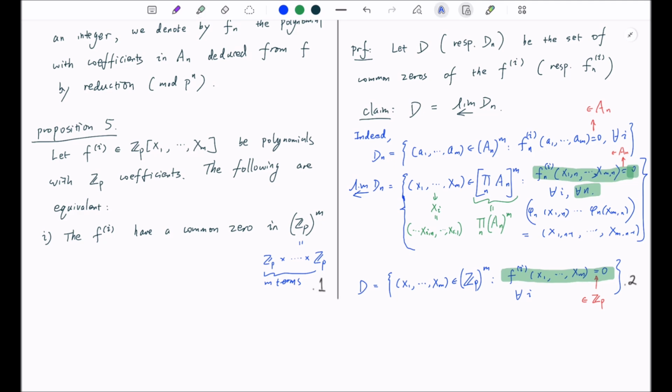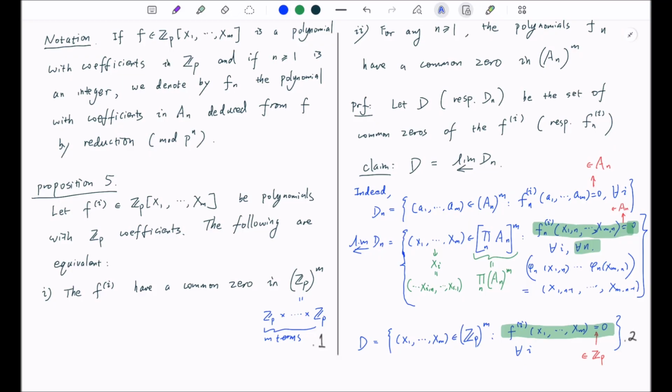So let us just try to convince ourselves that those two shaded statements are the same. That these two statements are equivalent is just from our definition here.